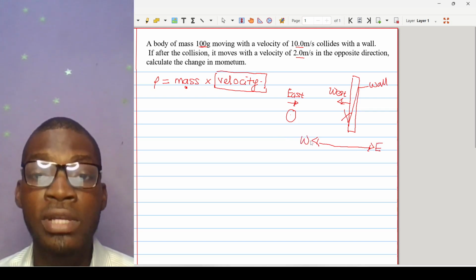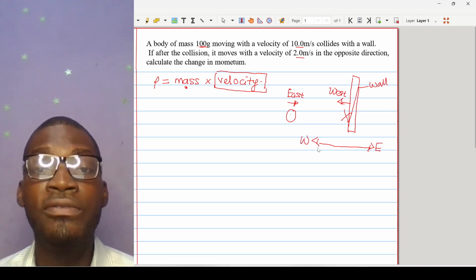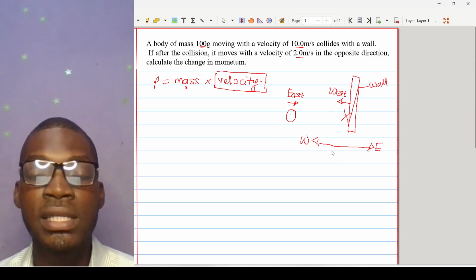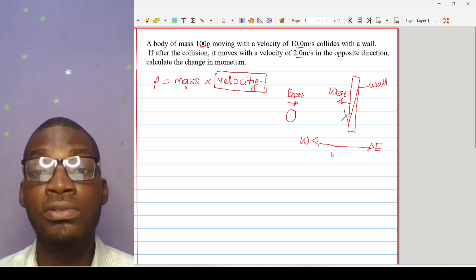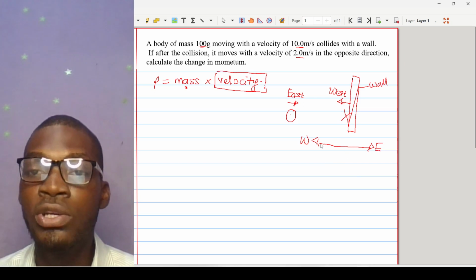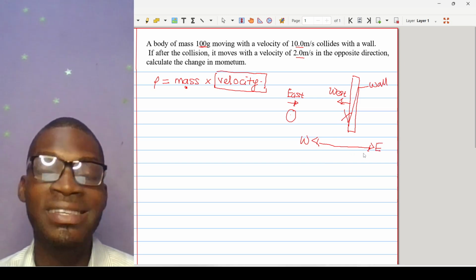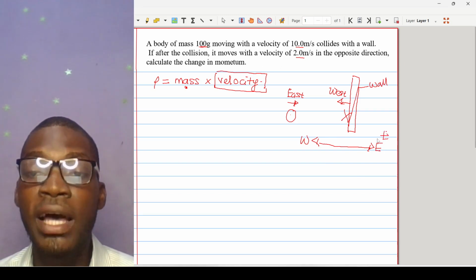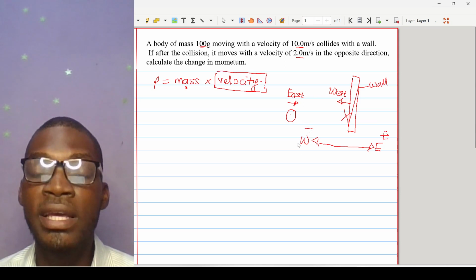Of course we can have 2-dimensional motion, when you have a question that is saying maybe northeast or north south or something like that. You can actually have 3-dimensional motion. In this case here, we just use the sign convention. If you take east, for instance, to be the positive side, you take west to be the negative side.